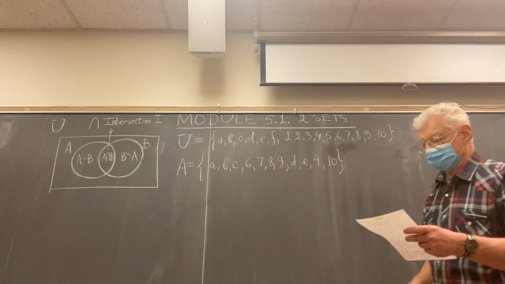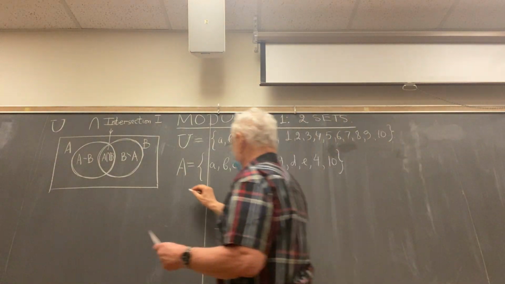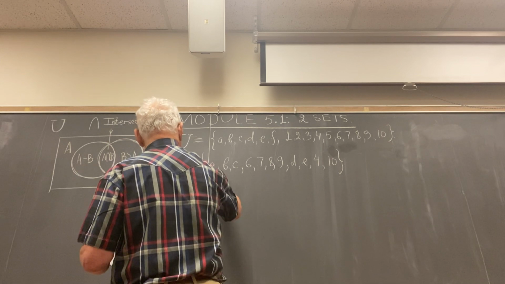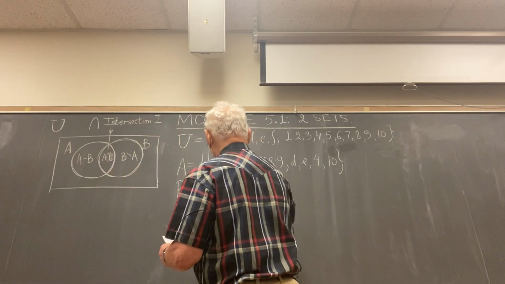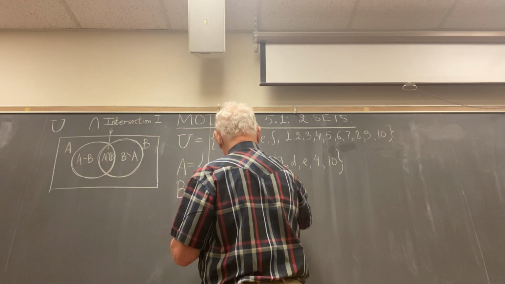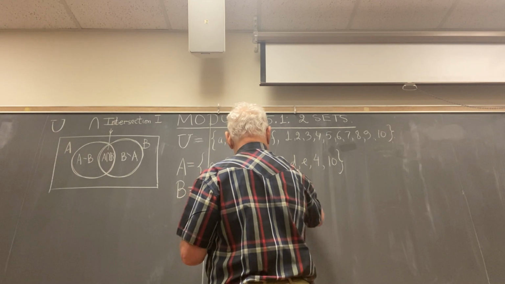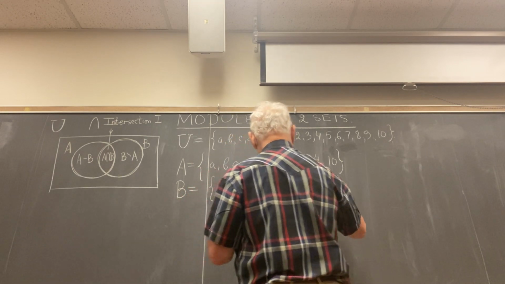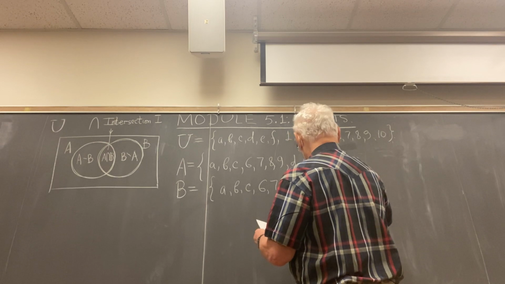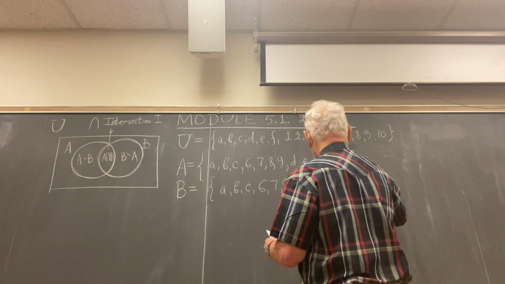Only some part of the elements. B is the set a, b, c, 6, 7, 8, 9, 5, 1, and f.